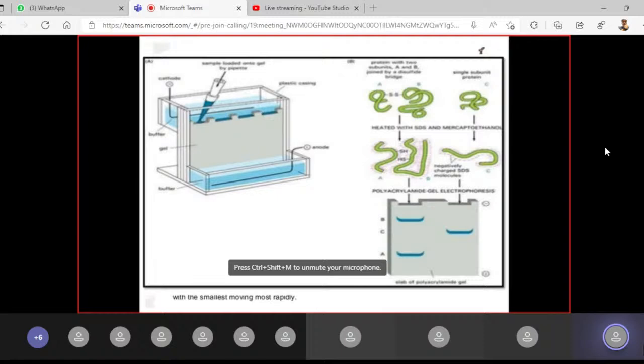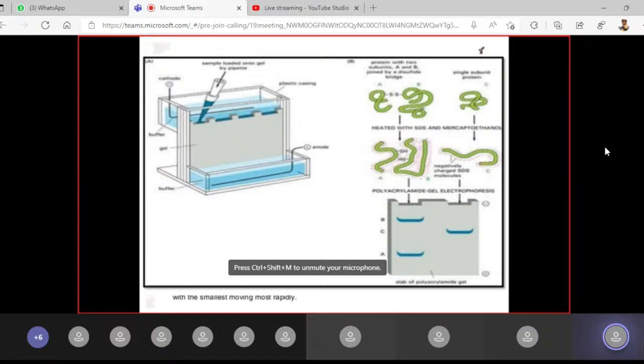So whatever is the charge of that protein, based on that and the size, they will get separated. So just in one line, if you have to remember, in native page, native molecule gets separated under non-denaturing condition, and the separation is based on both charge and mass, charge and size.